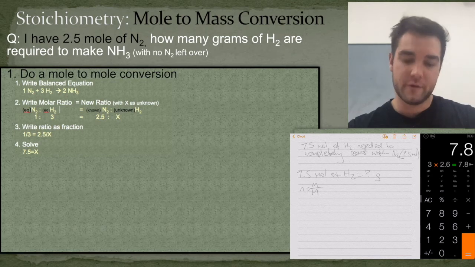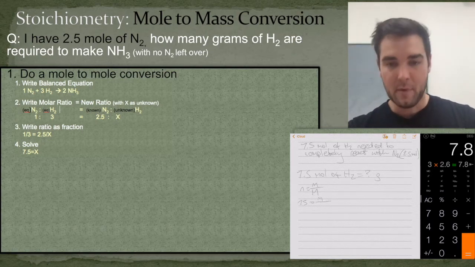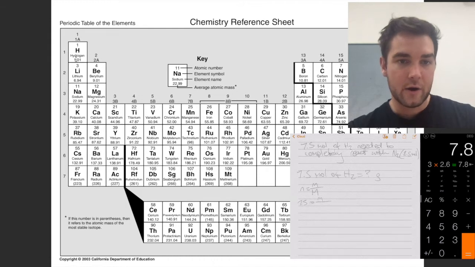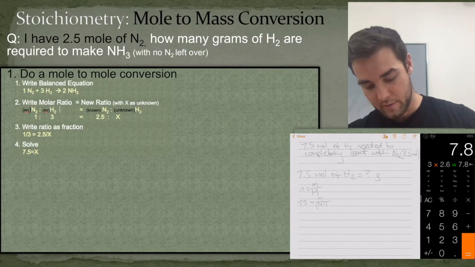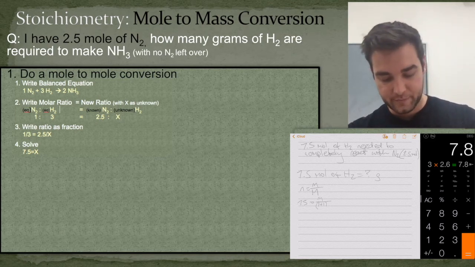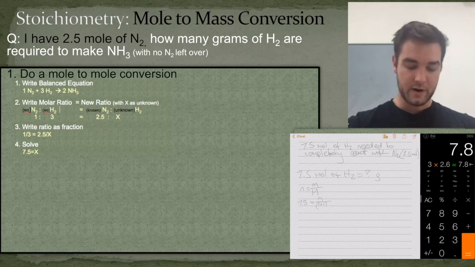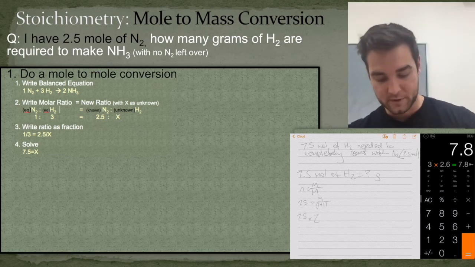Moles equals mass over molar mass. So my moles we know is 7.5 moles. My mass, well, I'm going to leave that as M because I don't know it. And my molar mass, let's go to the periodic table. Hydrogen is 1, so it's going to be 1 plus 1. Remember, it's H2, so we've got 2 individual hydrogen atoms. And when I do some algebra, so 7.5 multiplied by 1 plus 1 is 2.